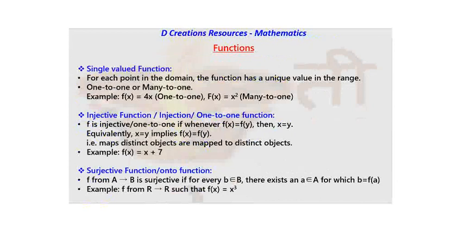I have specifically used the term range here because you would understand in this case range is equal to codomain, because there is no element in set B which is not an image of a certain element in set A. So for example, again we take example of the function cube.